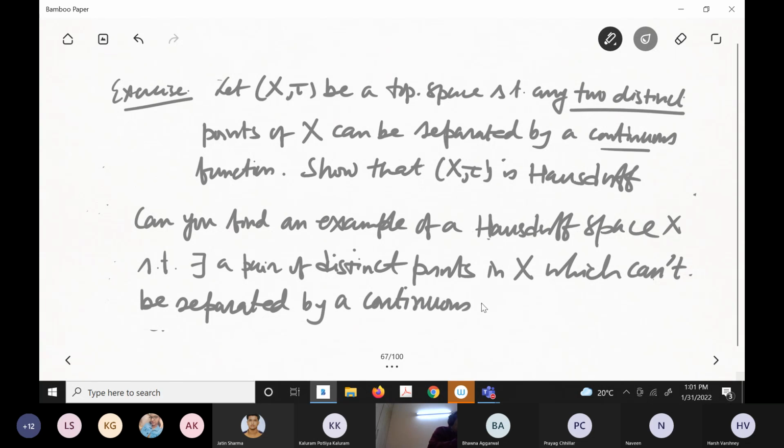Think about it. I think you understood that. If you want to understand point set topology, what I am teaching in this course, you need to understand analysis well also. Here I am bringing in analysis. So think about it.